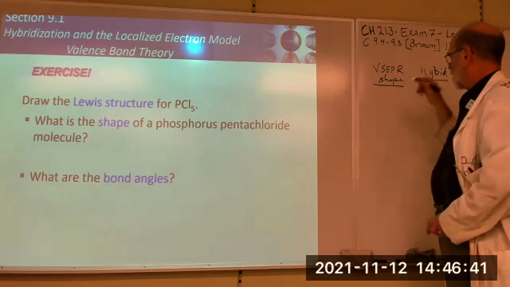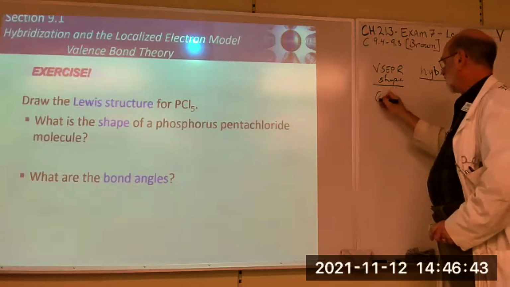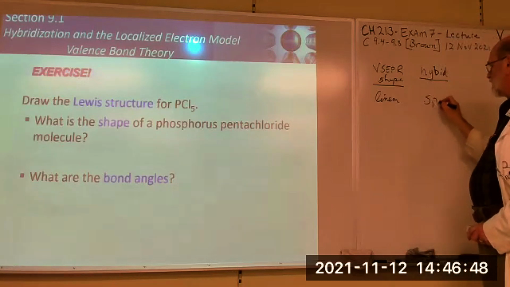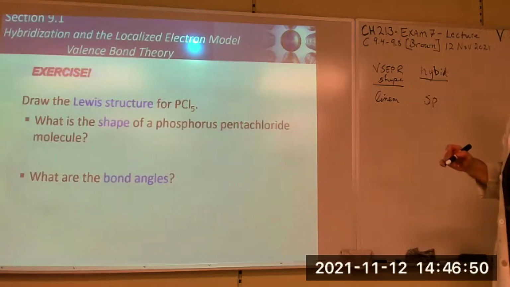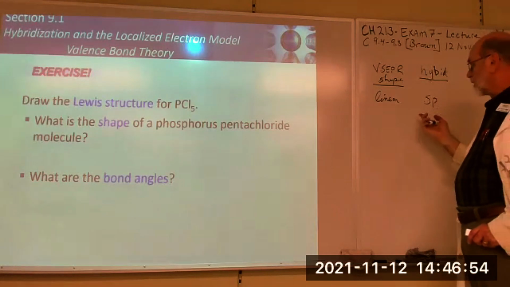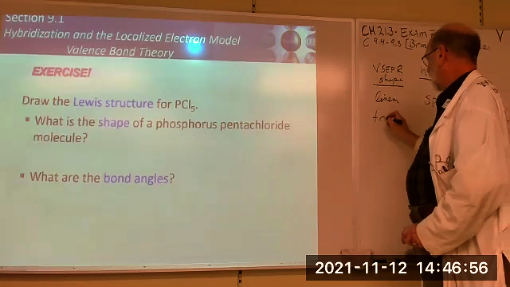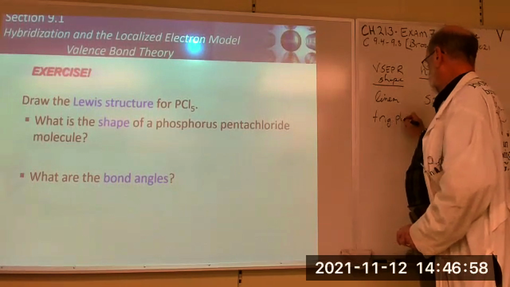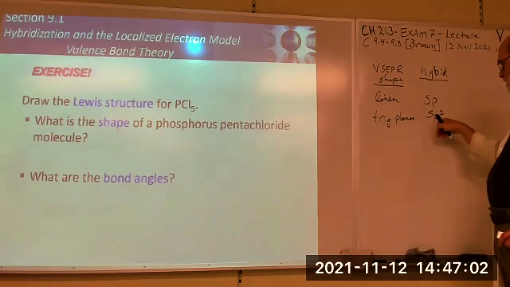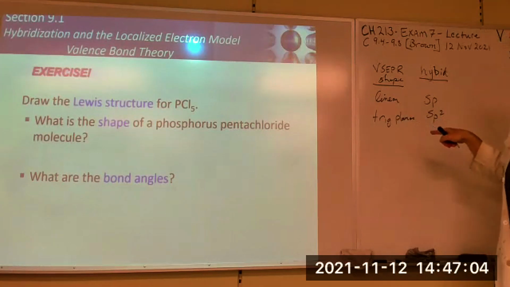If we have a linear structure, we should expect sp hybridization because we only need 2 equivalent bonds. If we have trigonal planar, we should have sp2 hybridization to give us 3 equivalent bonds.